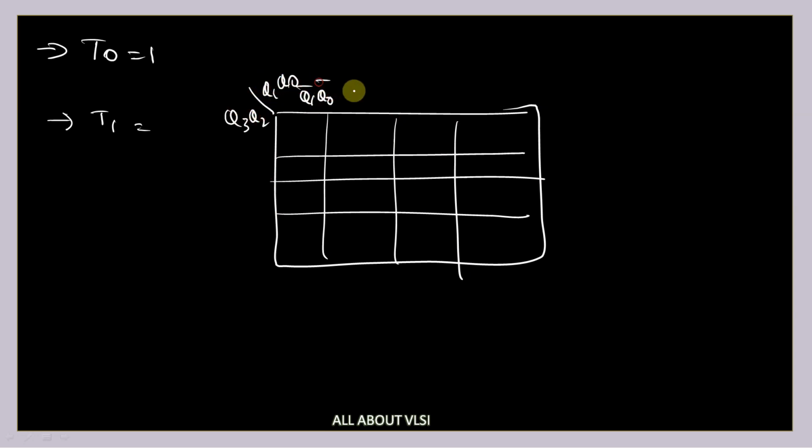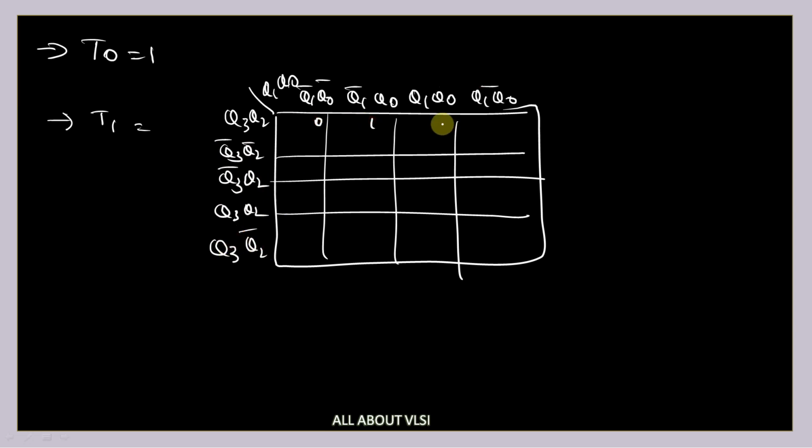Q1 bar Q0 bar, Q1 bar Q0, Q1 Q0, and Q1 Q0 bar. Q3 bar Q2 bar, Q3 bar Q2, Q3 Q2, and Q3 Q2 bar. This is 0, 1, 3, 2, 4, 5, 7, 6, 8, 9, 11, 10, 12, 13, 15, and 14.